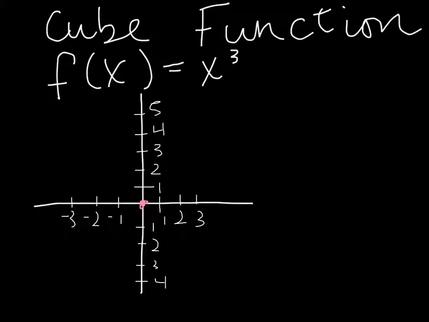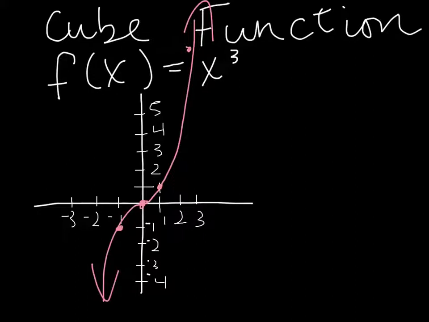And then, plug in again. If x equals 1, 1 cubed would be 1. If x equals -1, -1 cubed would be -1. And then 2 cubed would be 8, which would be somewhere over here. And the -2 cubed would be just off the page. So the function would look a little something like that.